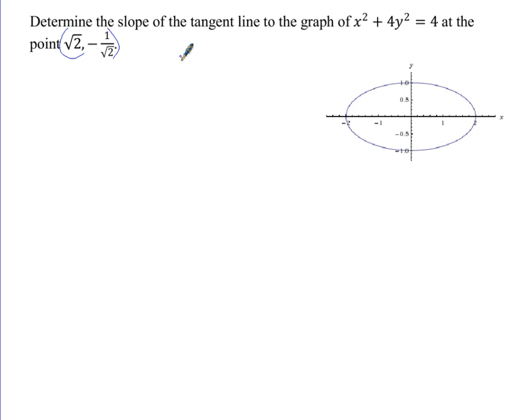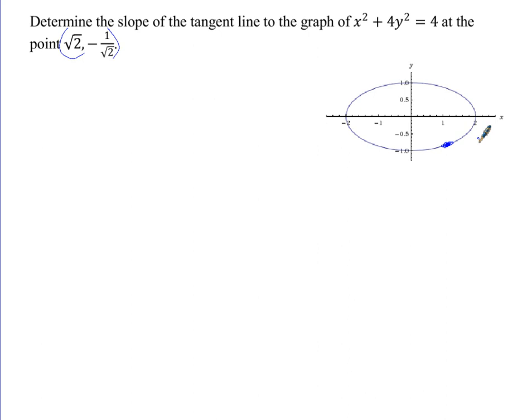So let's take a look at the graph first. You can see that it's an ellipse. We have the square root of 2, so that's like 1.4, something like that, comma, negative 1/2. So we are talking about maybe that ordered pair right in there somewhere. Okay? So my answer for my slope should be what sign?